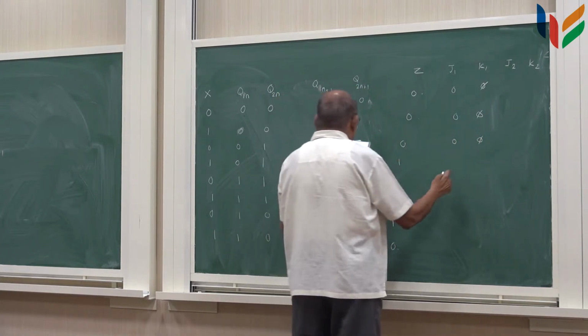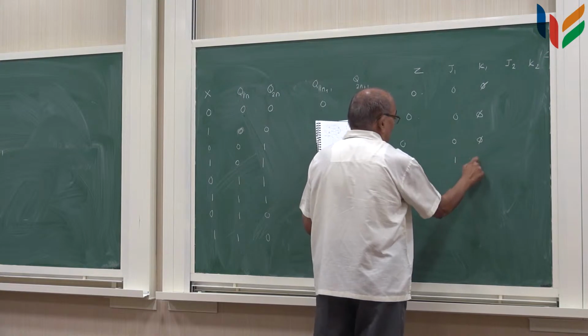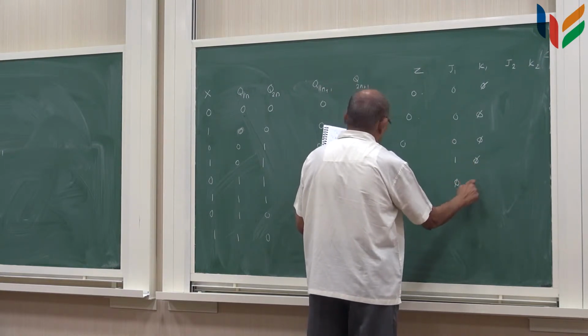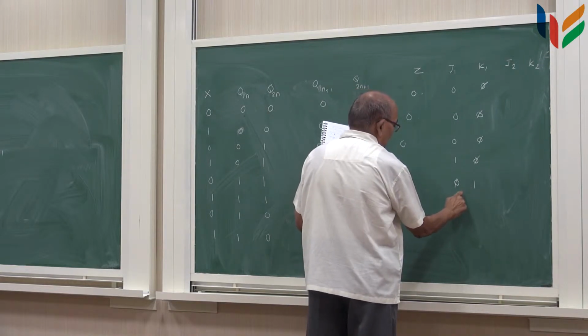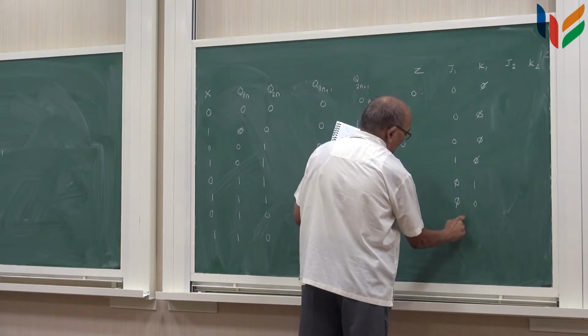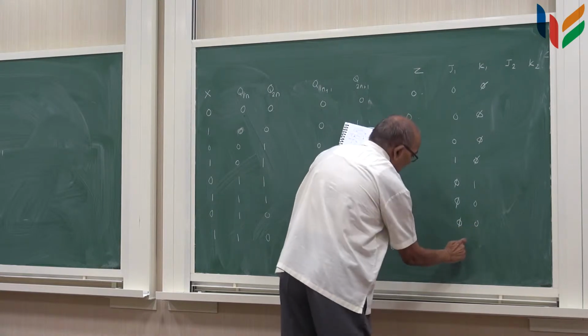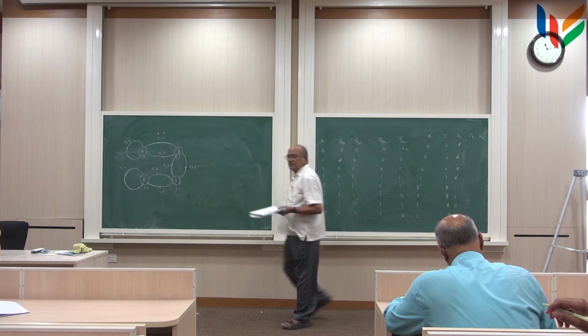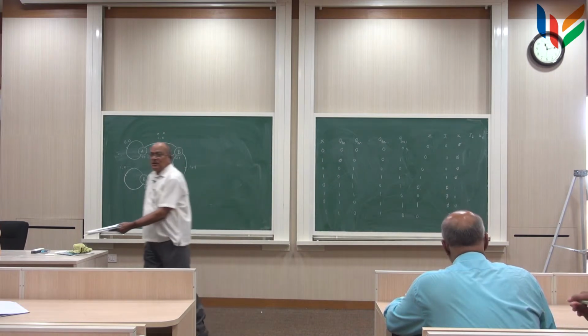Maybe I'll write it down, and you can go home and check whether I'm writing it correctly or not. My sequencing may be wrong. I only wrote for J1, K1.